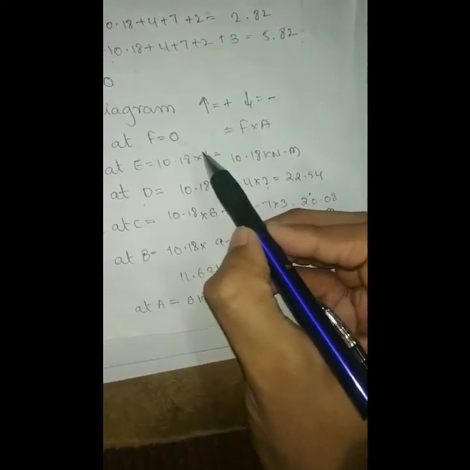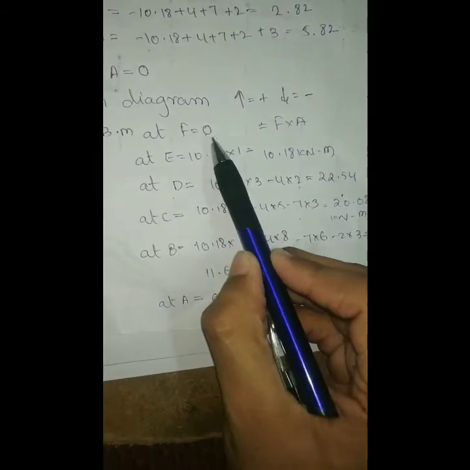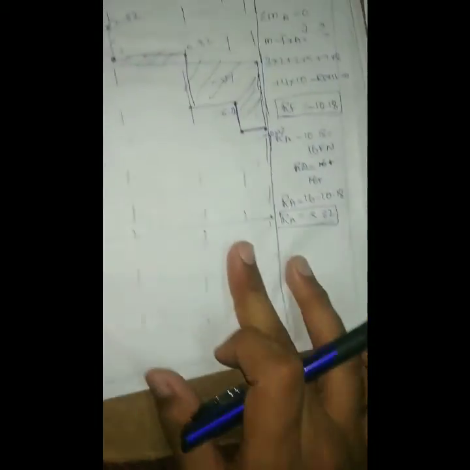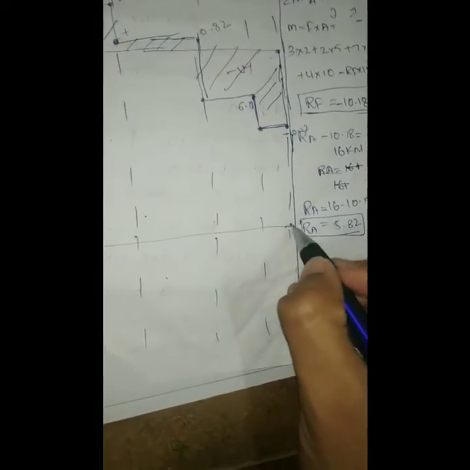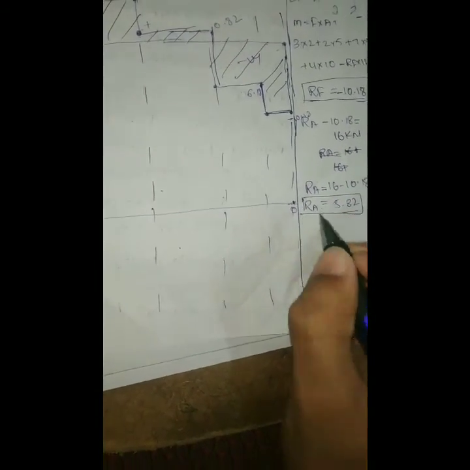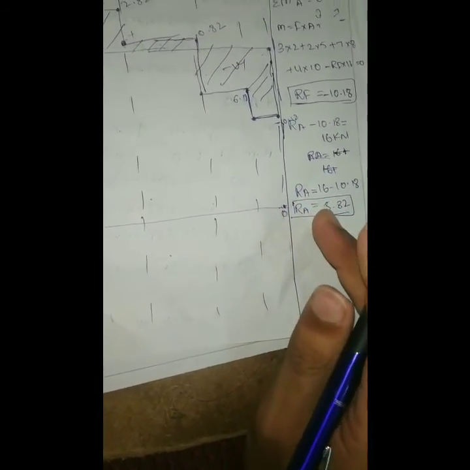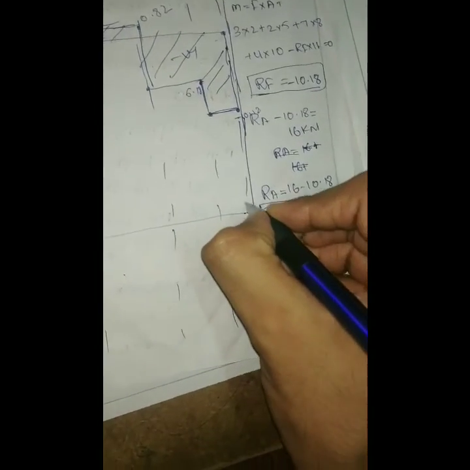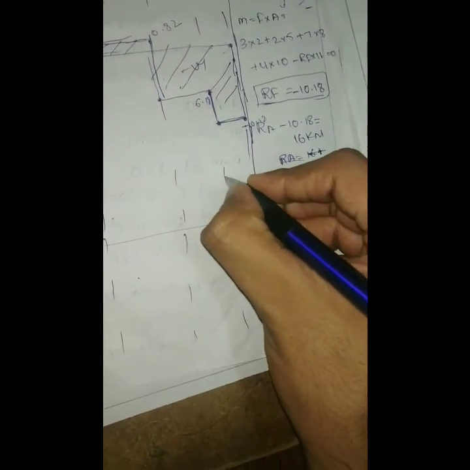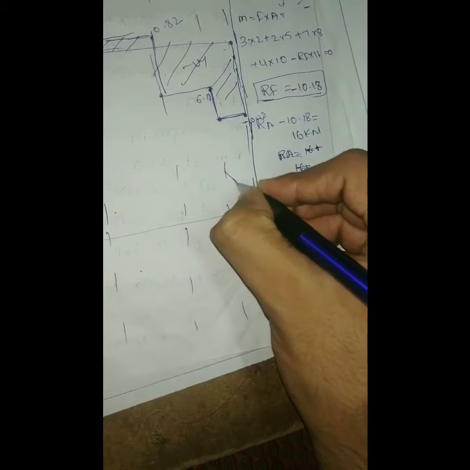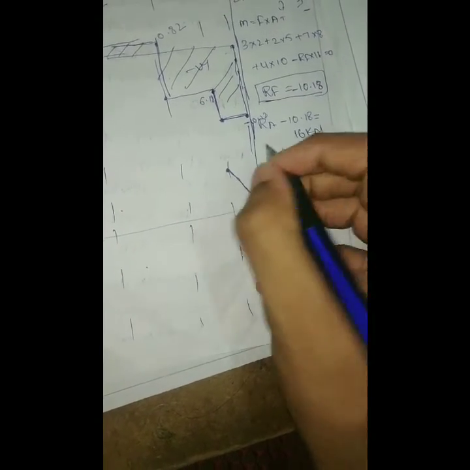The first value of the bending moment diagram is 0 and the second is 10.18. So the first one is 0, and the second value is 10.18 at E. See, this is the line, this is how we should take it.